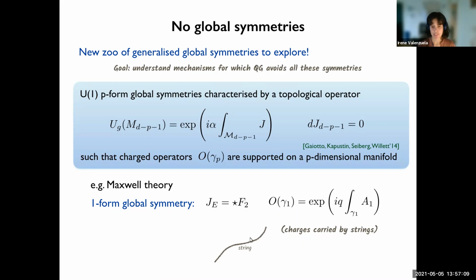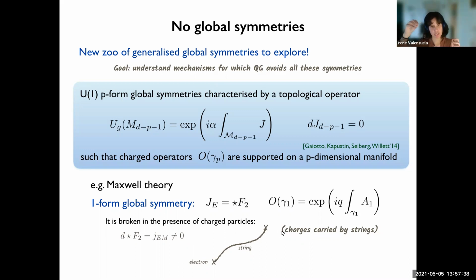So the charge is carried not by particles, but by these strings. And how this symmetry is broken is well known: these one-form global symmetries get broken when you have charged particles in your theory. So the conservation equation of the current is non-vanishing when you have charged states. And that means that these Wilson lines, these operators, can break.